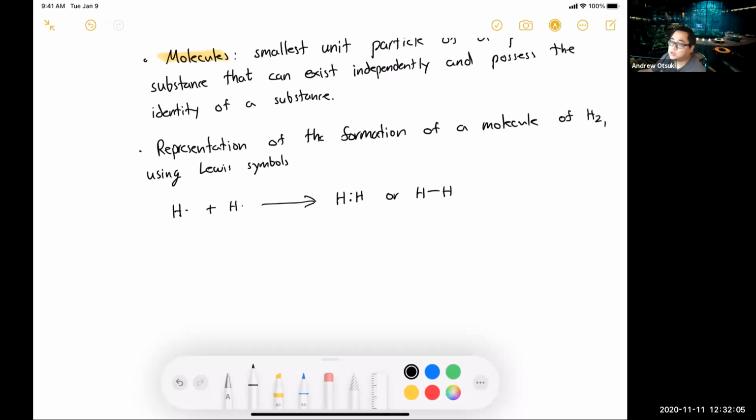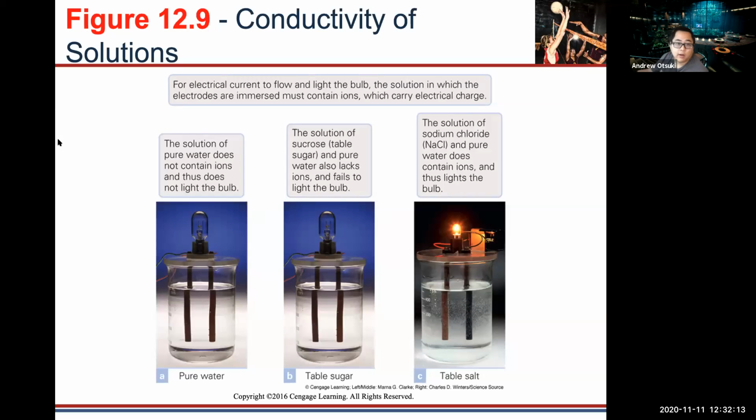All right, so let's go back to another slide and talk about conductivity. If we were to test something like table sugar or water with a conductivity test, lighting a light bulb, we wouldn't be able to detect electricity.